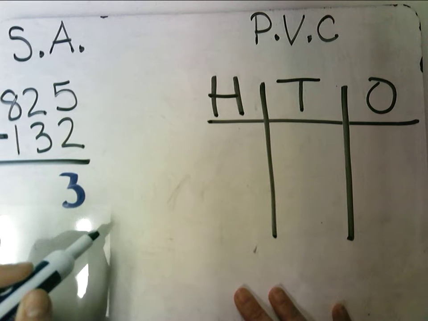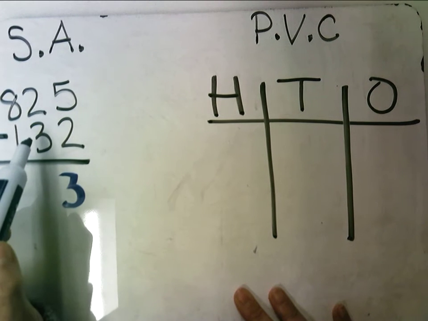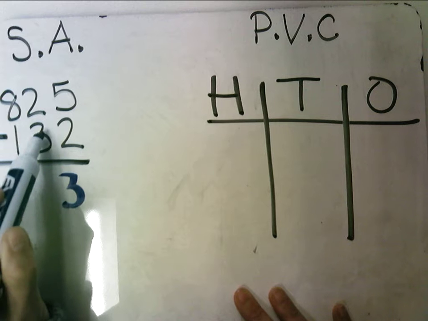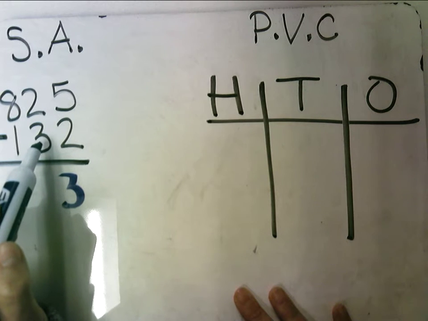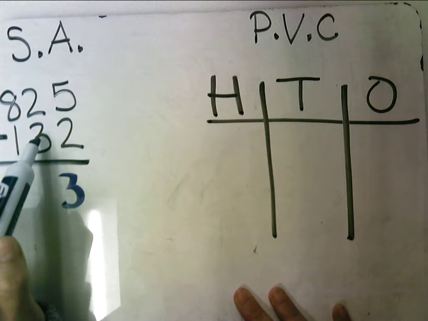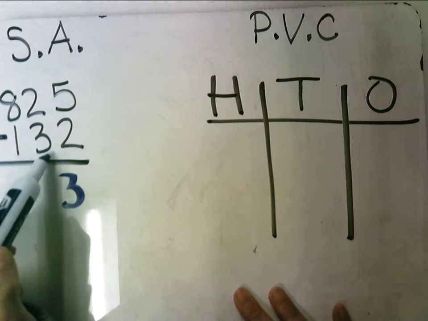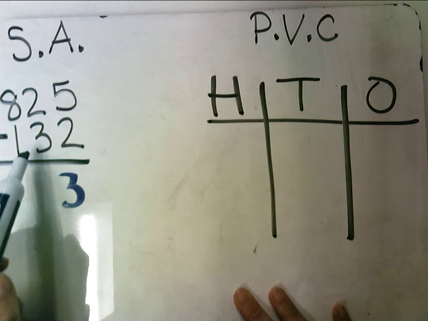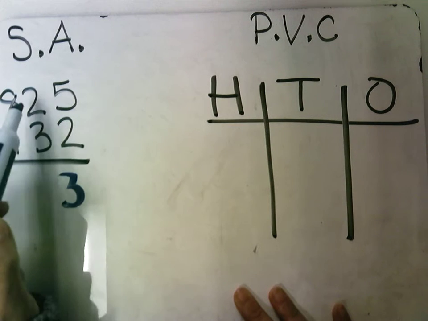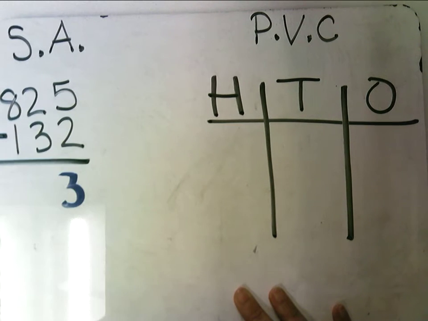How many tens are we subtracting from 2 tens? Well, you can see down here, we're subtracting 3 tens. Can we subtract 3 from 2? We can't. There aren't enough tens to subtract from 2. 3 tens is more than 2 tens.